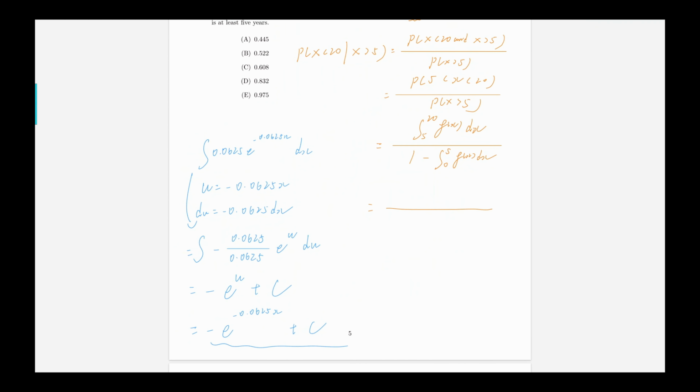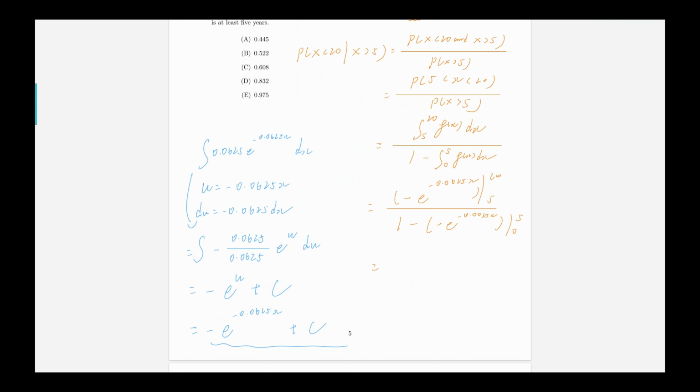Which means that the whole thing can now be computed. So this is going to be negative e to the power of negative 0.0625x from 5 to 20, and the same here: negative e to the power of negative 0.0625x from 0 to 5.